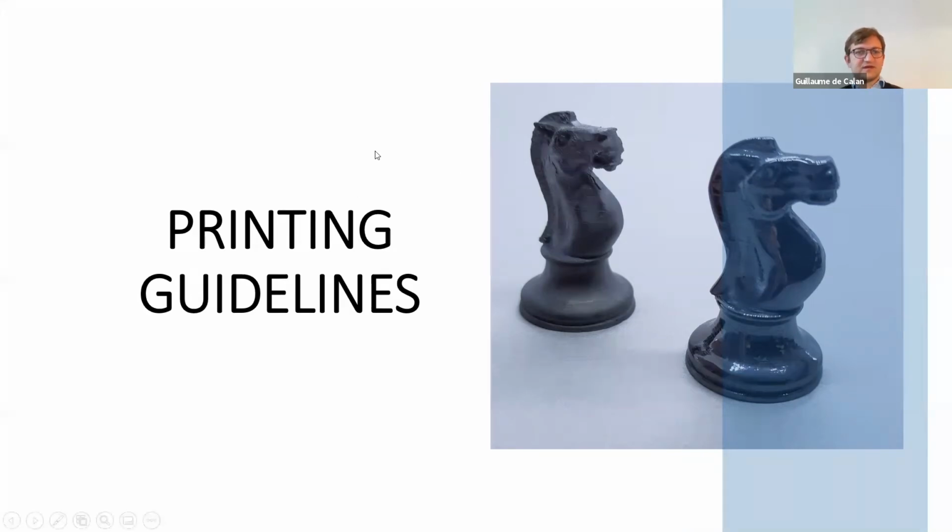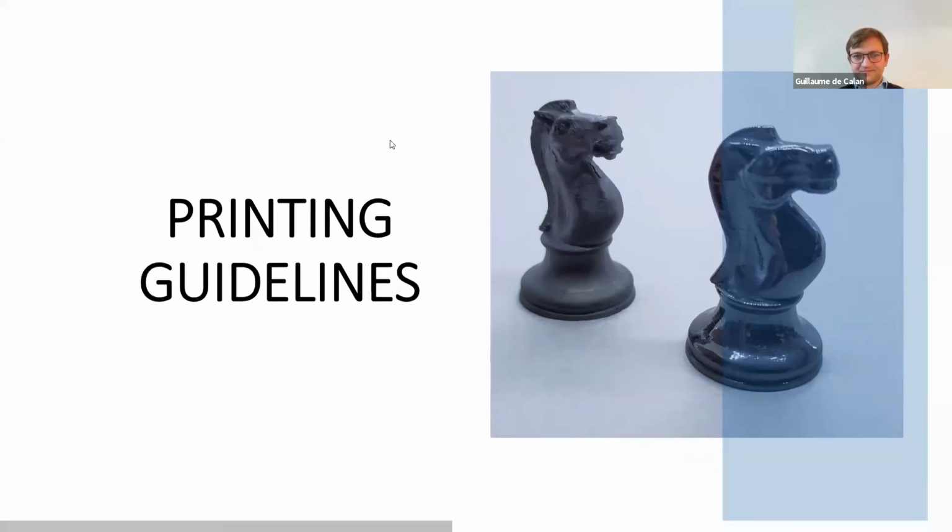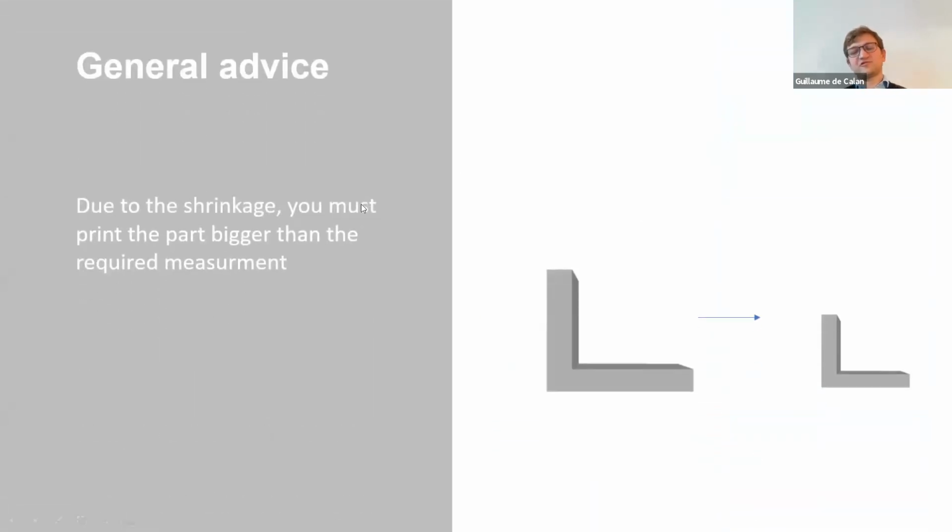The first one, of course, we've already talked about this a lot, is shrinkage. When you do the full process, you print a part and then you sinter it afterwards, which means you'll have a shrinkage, roughly 20%. That means that if you want a part of a certain size, you actually need to print it bigger.